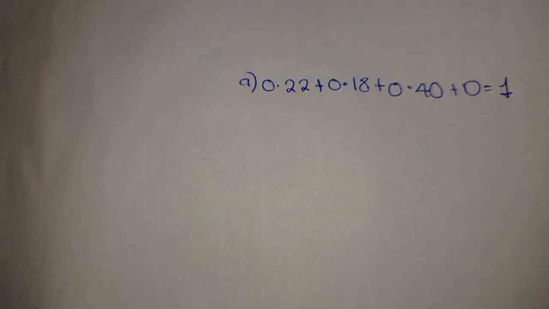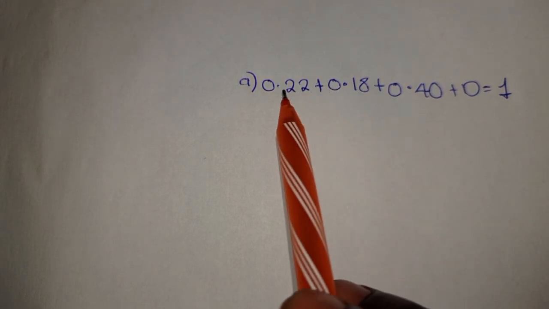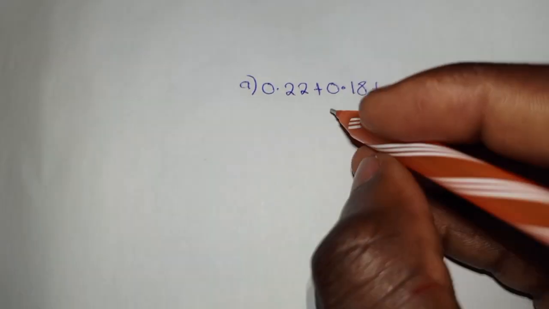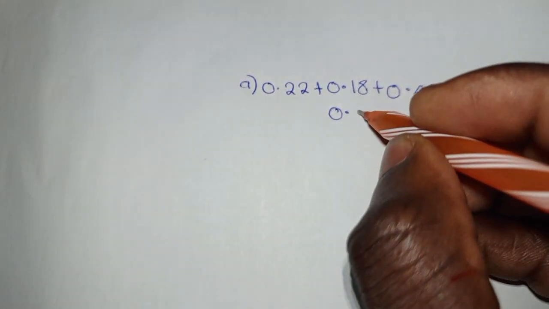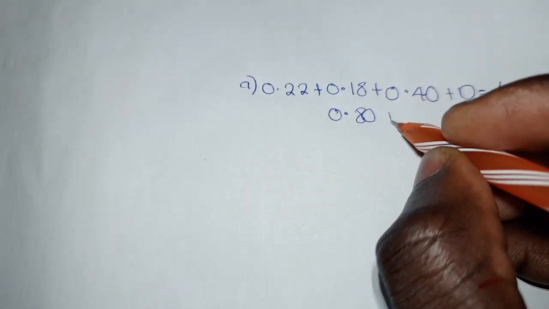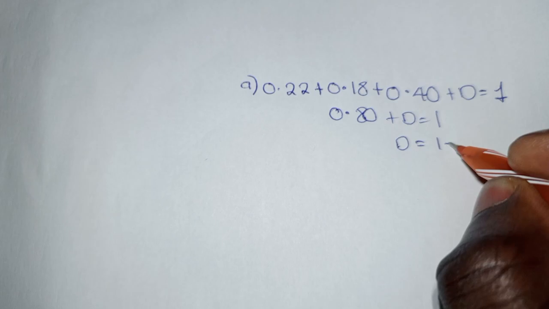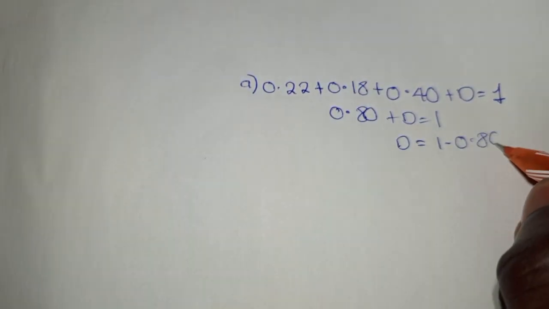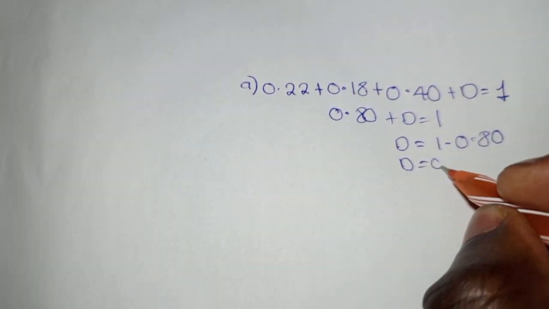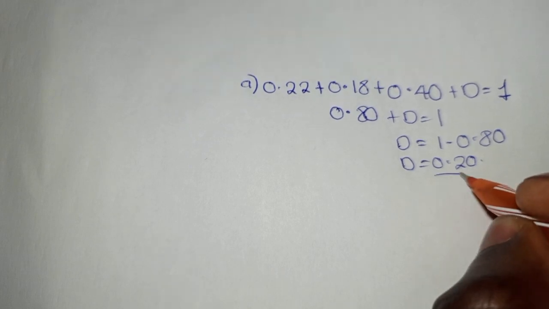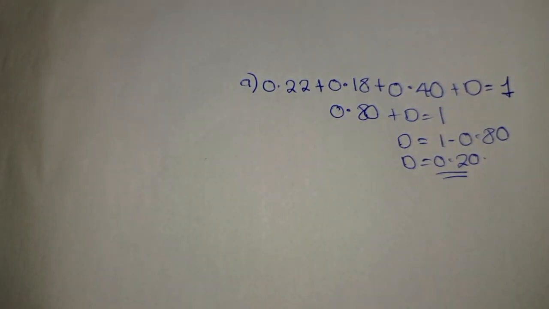Then from here, you add these and you get 0.80 plus D is equal to 1. Then you group the like terms, where 1 minus 0.80, D is equal to 0.20. So this is how you solve such questions.